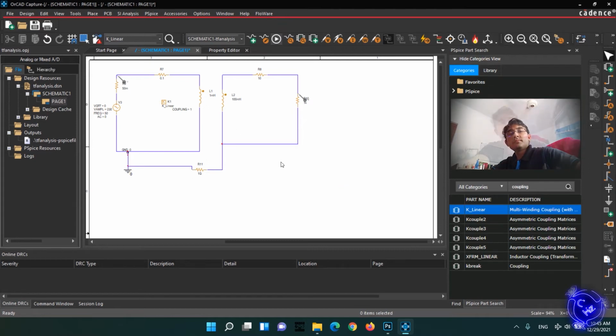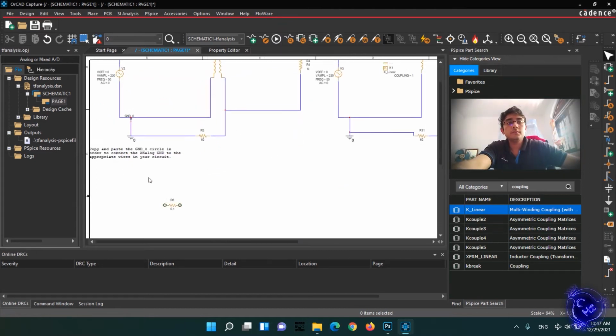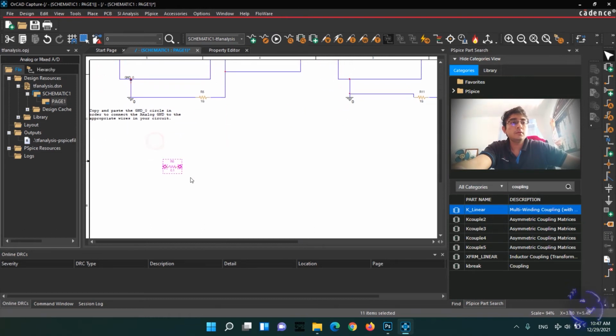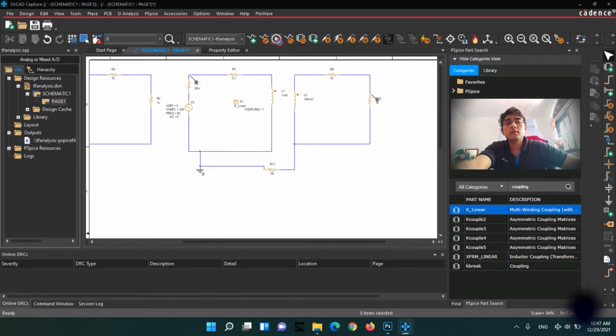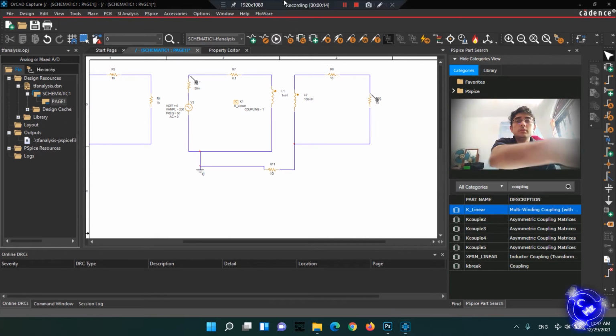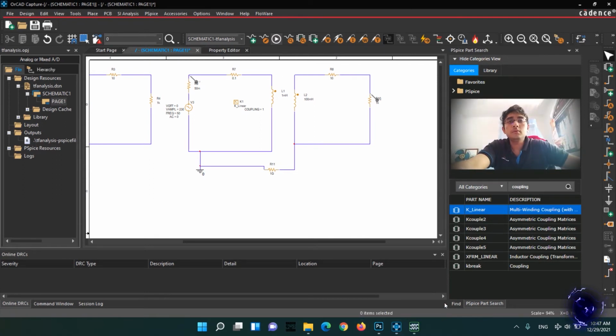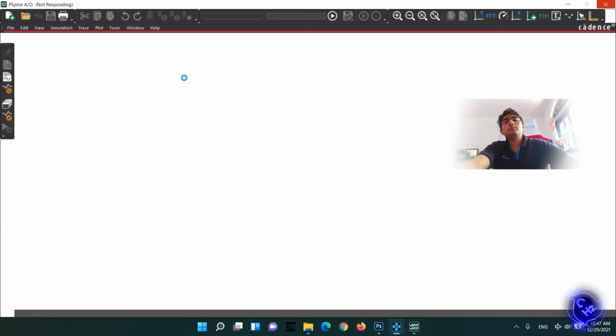Give me some time. Oh, very sorry. Really sorry. The error is because of this resistor. Right. Now let's simulate this and see.